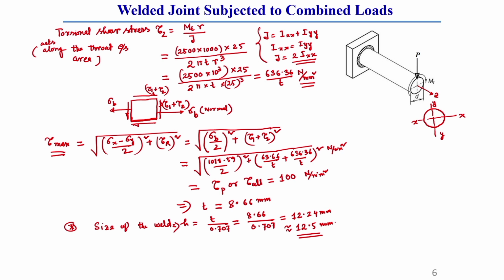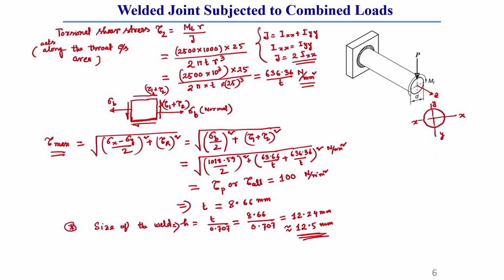You can see in the previous case we observed that once a beam is subjected to a transverse load of 10 kilonewton, our size was 7 millimeter, whereas if it is subjected to a torsional moment of 2500 Newton meter, this size increases from 7 to 12.5 millimeter.